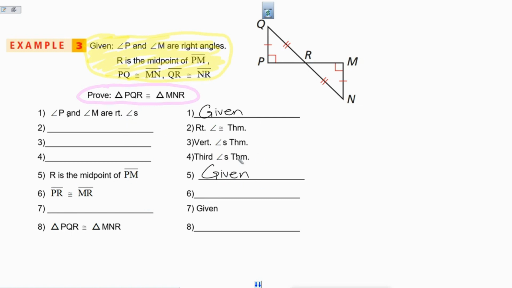We don't have that. But over here on the right, we have something that says given. So we're going to put down segment PQ is congruent to segment MN. And segment QR is congruent to segment NR.